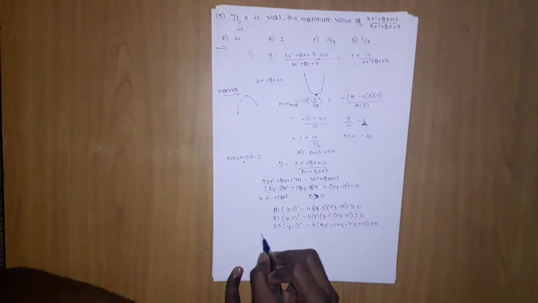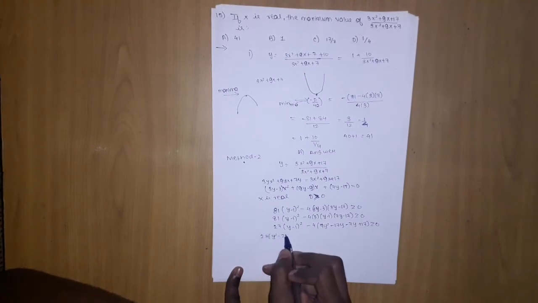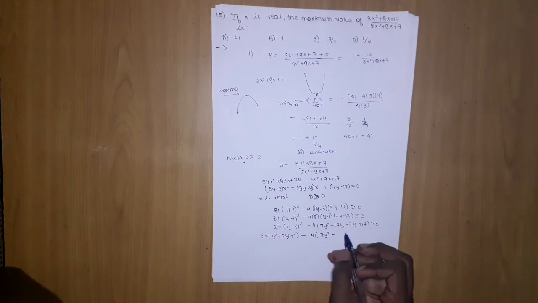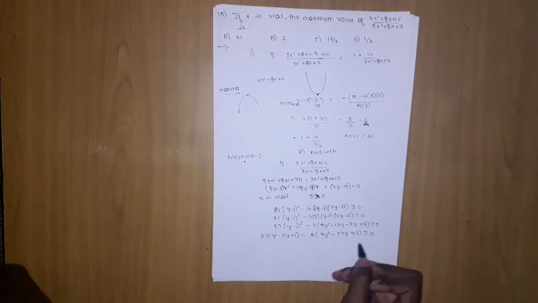This one is 81 into (y square minus 2y plus 1) minus 12 into (7y square minus 24y plus 17), greater than or equal to 0.